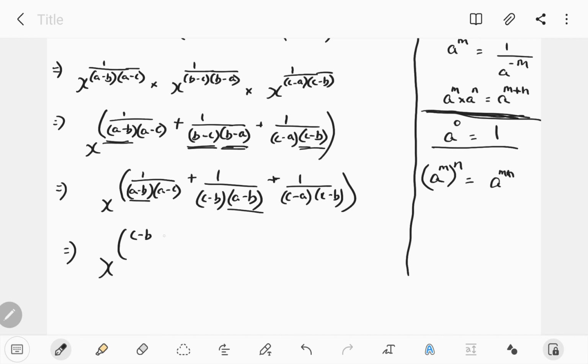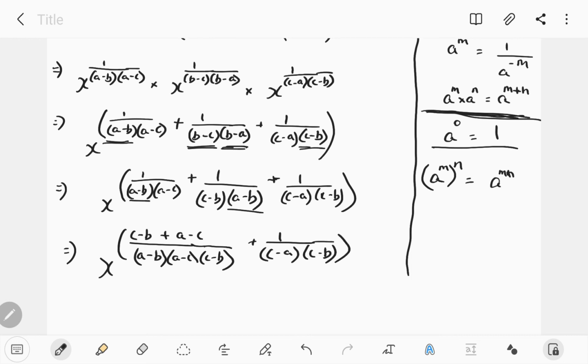Then plus in the second term with the first term, I do not have a minus c, so I'm going to give it as a minus c over here, multiplied with 1 is nothing but a minus c. And the denominator will be a minus b is common, multiplied by a minus c into c minus b, plus 1 divided by c minus a into c minus b.